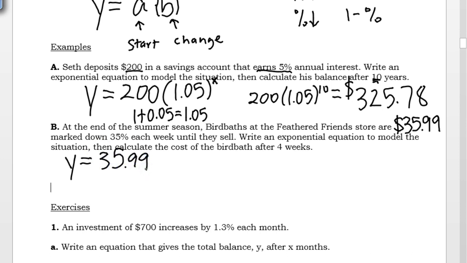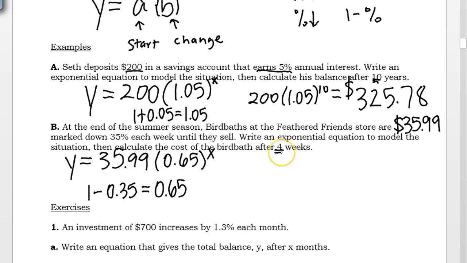And to get my change, we'll do 100% minus 35%, which leaves me with 65%. And we'll do that to the power of x.